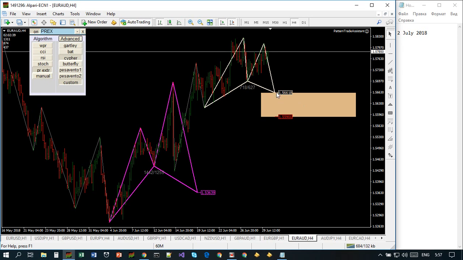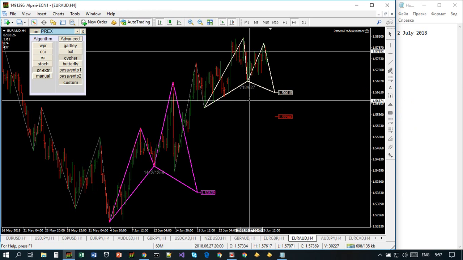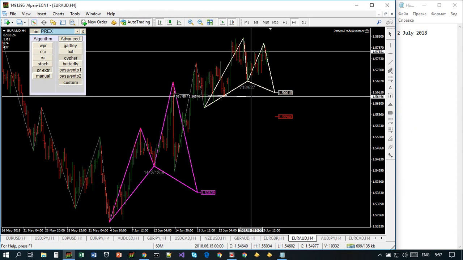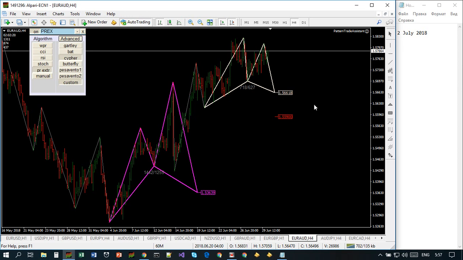If no reversal happens and the zone is broken to the downside, then look for continuation. That's it, very simple. This pattern simply detects the support resistance zones. So you can see it was resistance, support, support, support. So somewhere here expect the same. Expect the history to repeat.